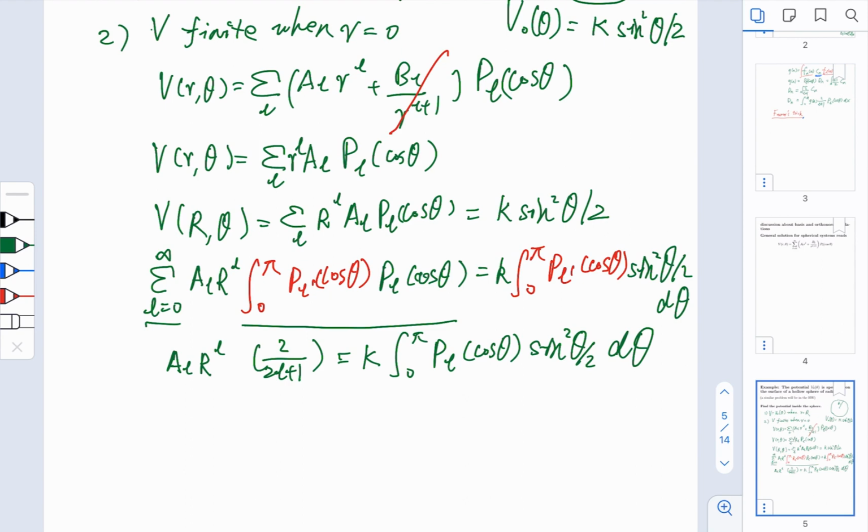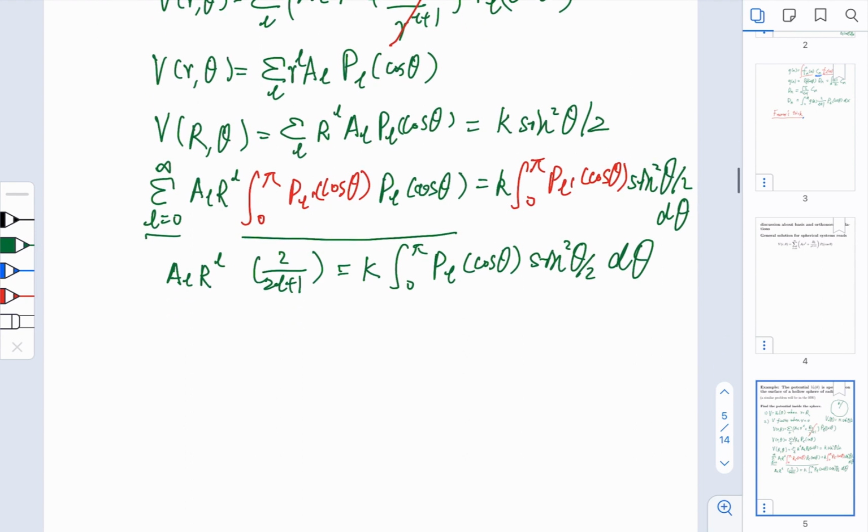And to determine the obvious AL, we can simply do this integral for all of them.